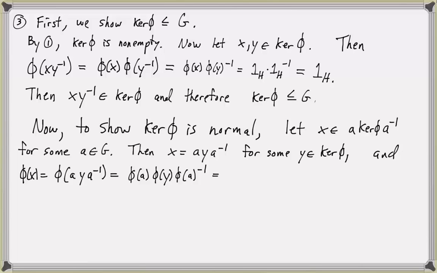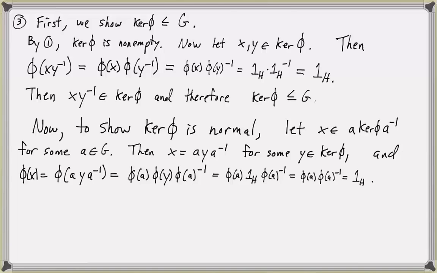But phi of y is the identity in H, so this equals phi of a times the identity in H times phi of a inverse, and then by simplifying, this just equals phi of a times phi of a inverse, which is the identity of H.